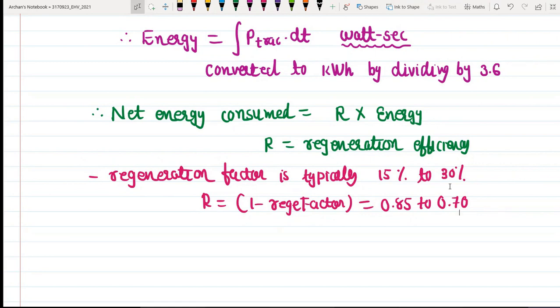But this regeneration efficiency is only 15 to 30% as of now, and a lot of research is going on to improve it. If we are able to increase the regeneration efficiency to 70% to 80%, then the actual amount of energy consumed by the battery will be very much less, and we will have a highly efficient electric vehicle, right? So we will have to consider this regeneration factor also while calculating the actual energy required by the vehicle.